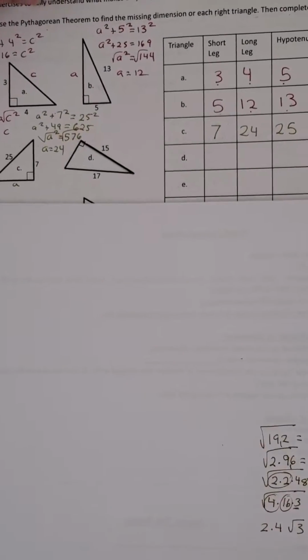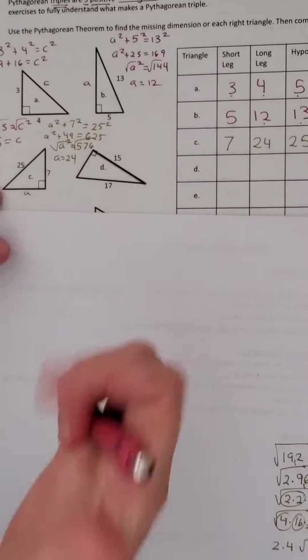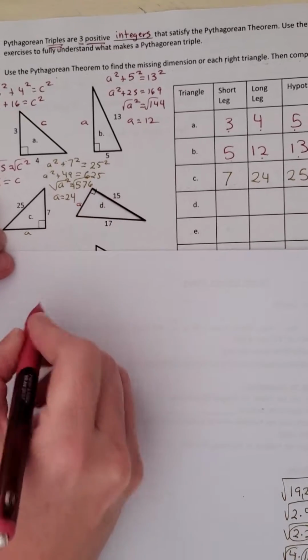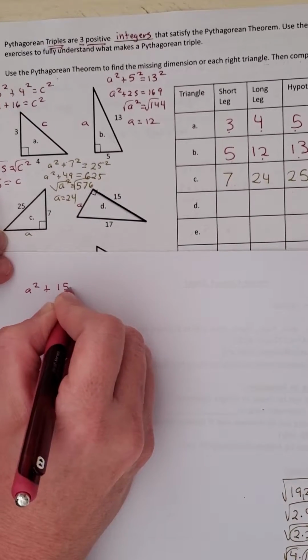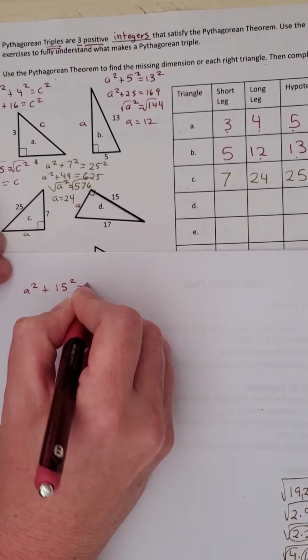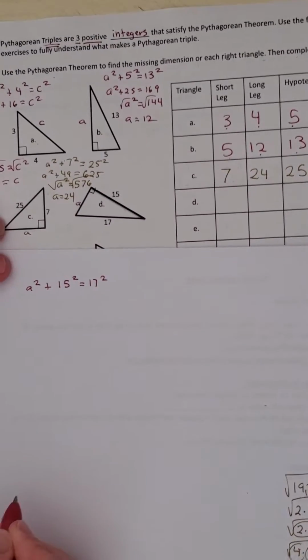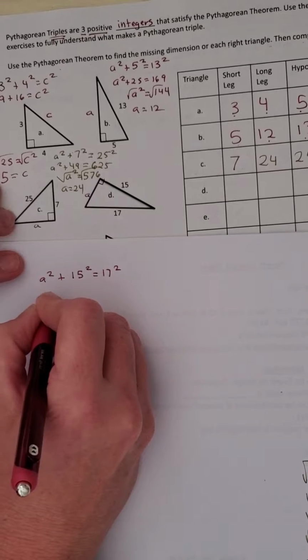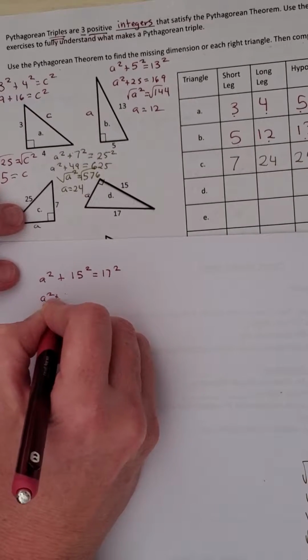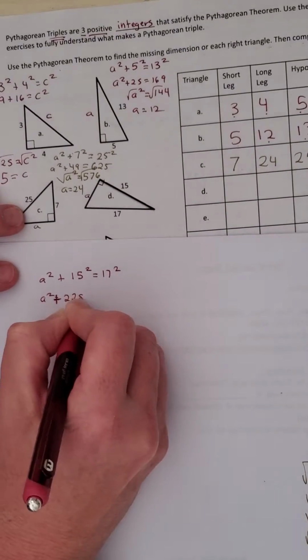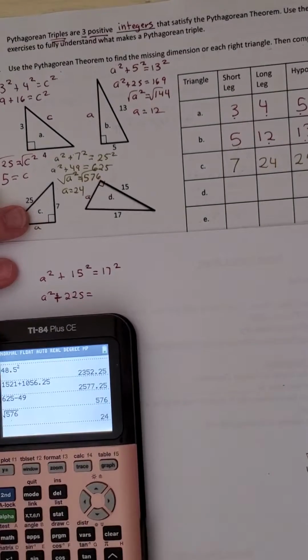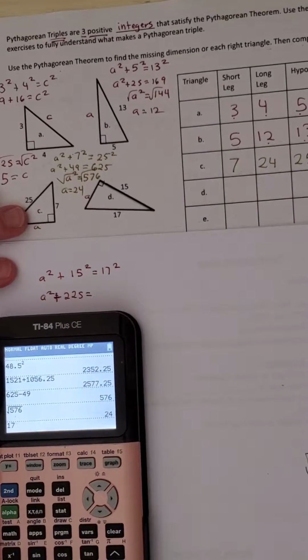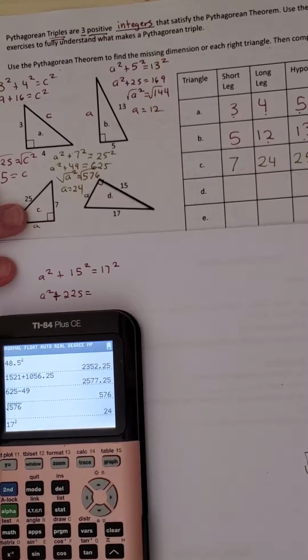I'm going to do these on a separate sheet of paper since I'm getting a little short on space. I'll call this side length A. So I have A squared plus 15 squared is equal to 17 squared. And so A squared plus 225 is equal to, I believe 17 squared is 249, but let me check it. 17 squared is 349.